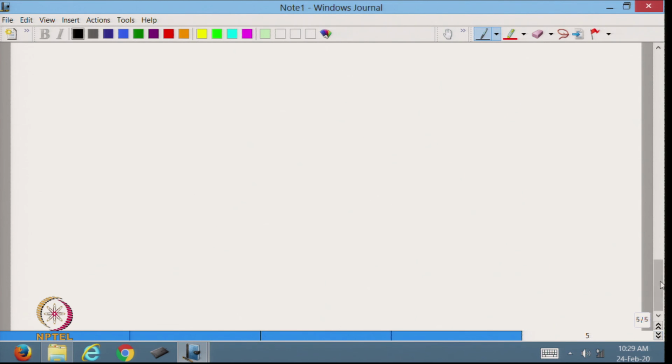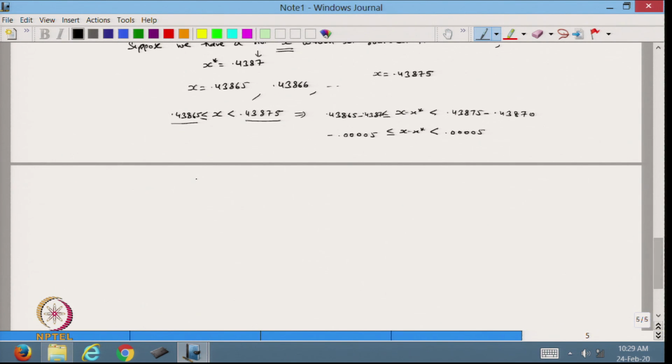So, using this, I can write that the modulus value of x minus x star is at most 0.00005, and this I can write as half into 10 raised to power minus 4.